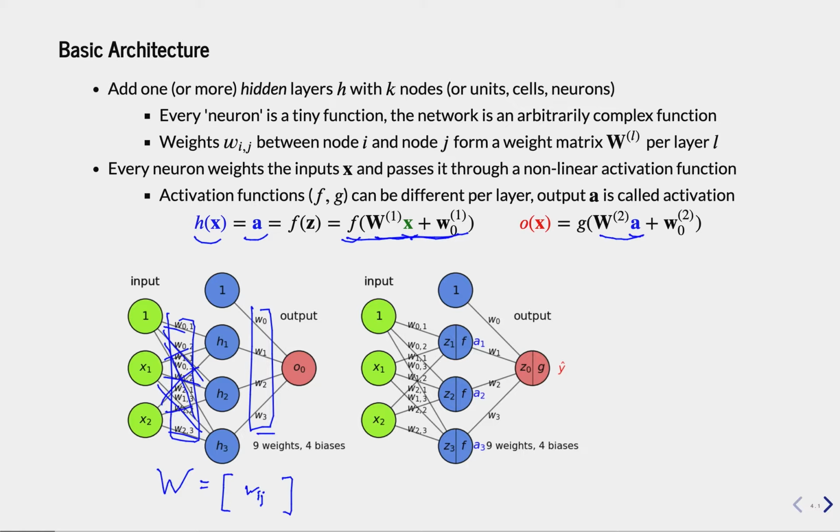This is again a dot product, plus the bias of the second layer. We push that through our activation function g, and that gives us the output. Right? Now, in case you have multiple of these layers, this will just repeat. Right? So it kind of will be wrapped inside each other all the time.